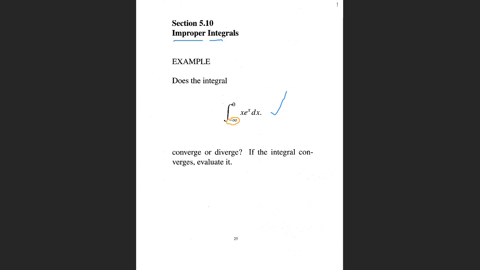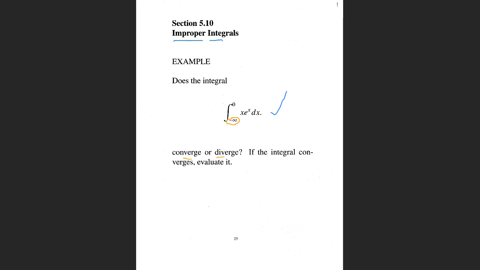Now, up to now, the definite integrals that you've had have had finite numbers for the limits. But now we come up with a situation where one of our limits is negative infinity. And we're also being asked, does the integral converge or diverge?